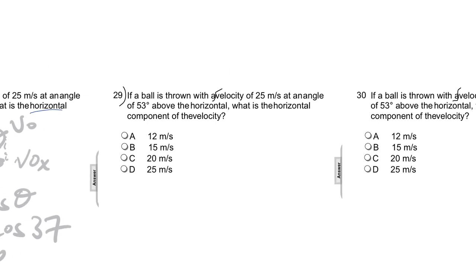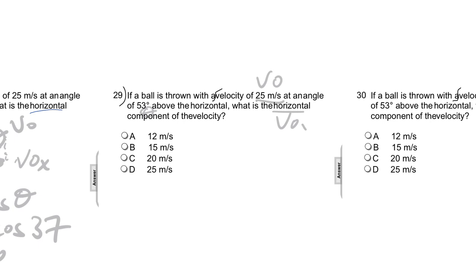Okay guys, I'm just doing the first step of these problems over and over, where you have to break down the velocity, the slanted vector VO, into its x and y components. I'm practicing over and over. So this is VO, and this is the angle from the x-axis. What is the horizontal component?